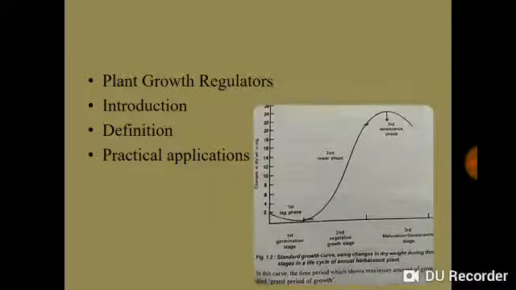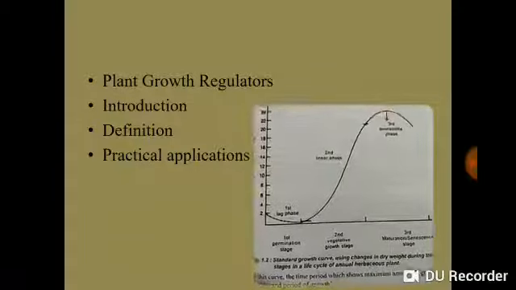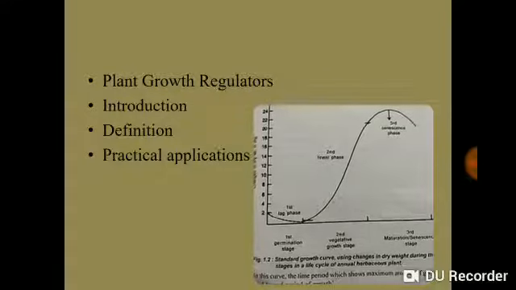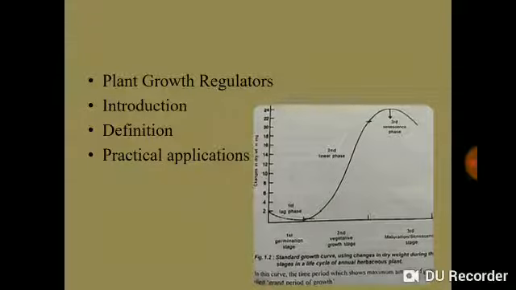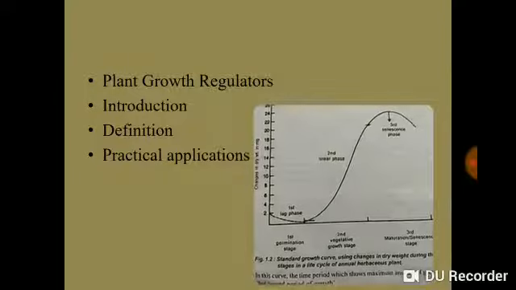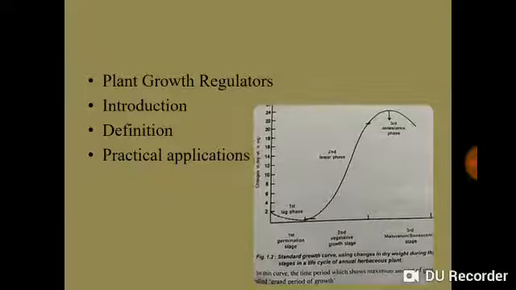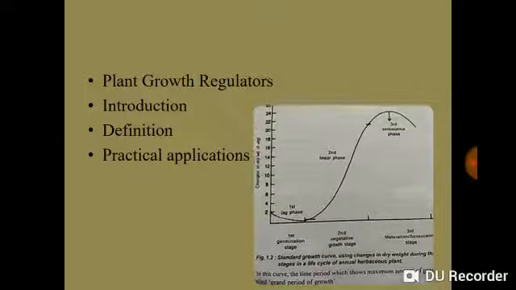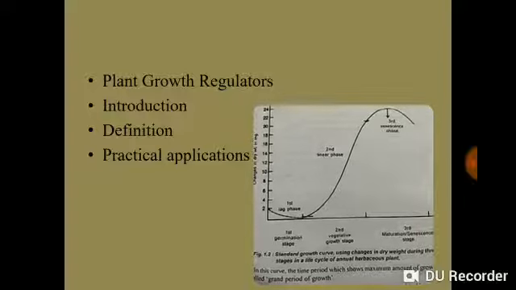In case of a cell, during cell formation, growth rate is slow. During cell elongation, growth rate is rapid, and during cell maturation, again the growth rate is slow and steady. In case of an organ like a leaf, for the first few days the leaf shows a very slow increase in size, followed by a rapid increase, and when the leaf matures the growth rate becomes very slow and finally stops.